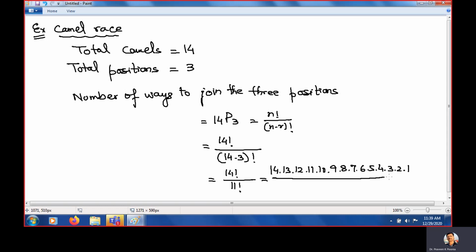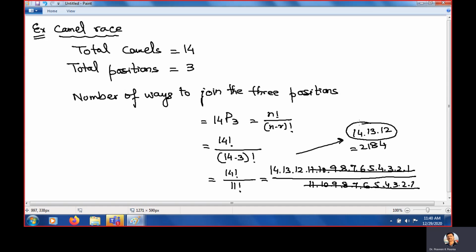And if you write the value of 11 factorial: 11, 10, 9, 8, 7, 6, 5, 4, 3, 2, 1. Now these values will be cancelled by these values. So what is the answer? Answer is 14 times 13 times 12, which is 2184. Clear?